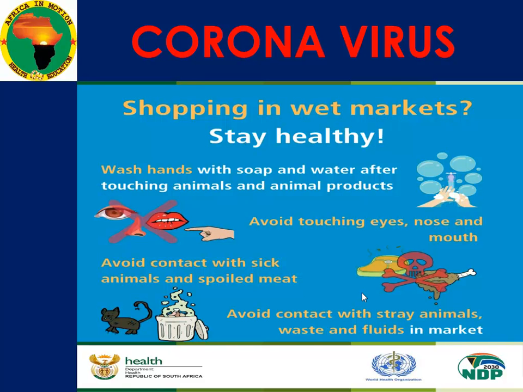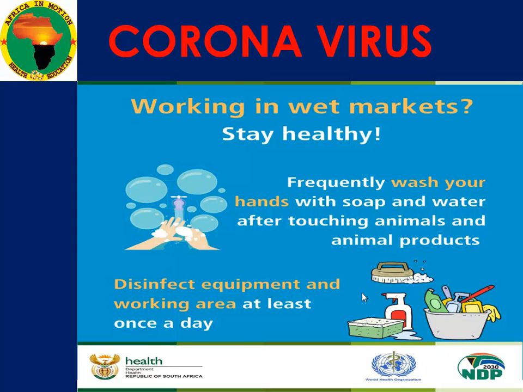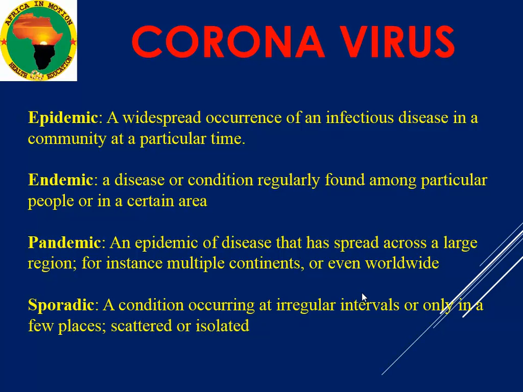We need to remember that infection goes quicker when it enters the mucosa: the eyes, mouth, and nose. We need to avoid touching eyes, nose, and mouth. We avoid contact with sick animals. We avoid stray animals, their waste products and fluids, especially in the markets. We need to wash hands, and in the workplace, disinfectant is very, very important.